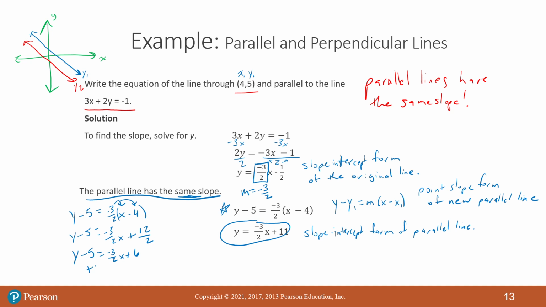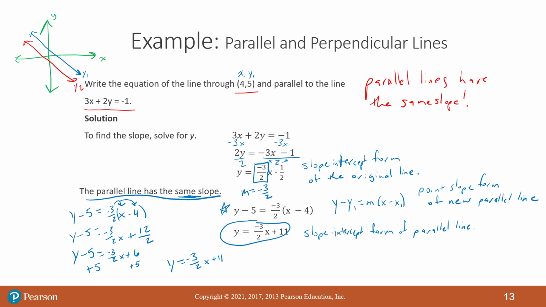Now all I have to do is add 5 to the other side. And that's where I get y equals negative 3 halves x plus 11, which is the slope-intercept form of the parallel line that runs through the point 4, 5.